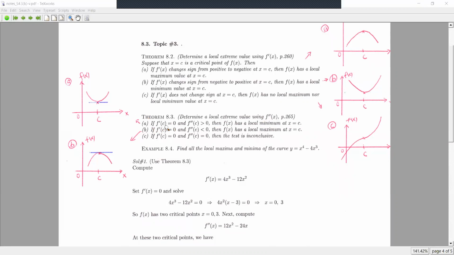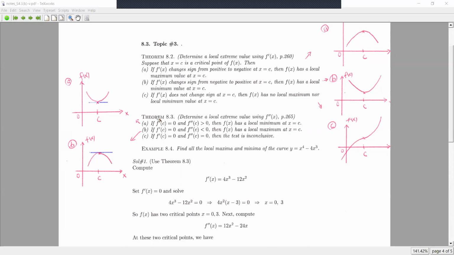If the derivative at the point C is 0 and the second derivative at the point C is greater than 0, recall that the second derivative is about concave up and concave down. Second derivative greater than 0 means the graph of the function f is concave up.